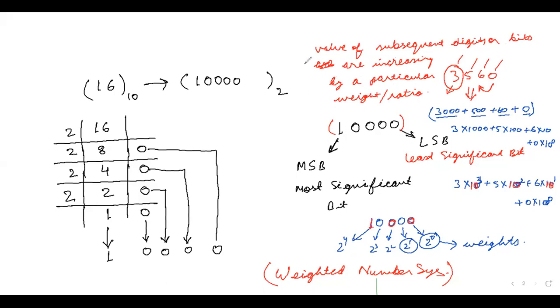Okay, so this type of number system is known as a weighted number system. All these number systems are weighted number systems.